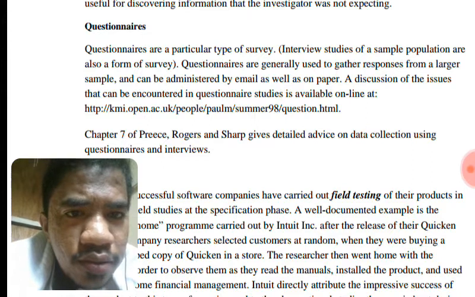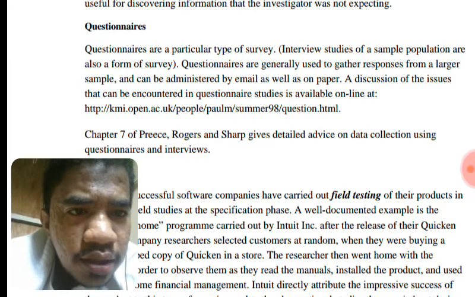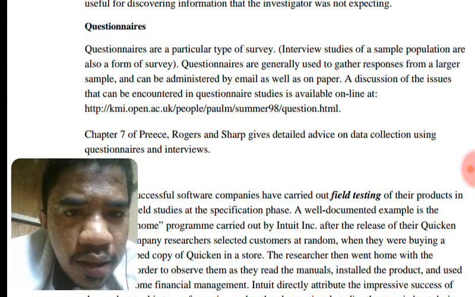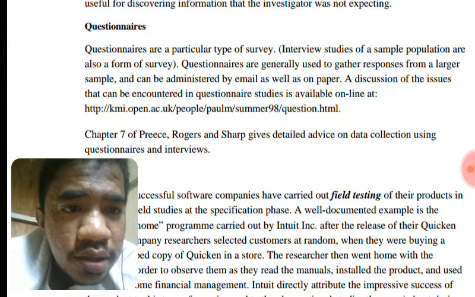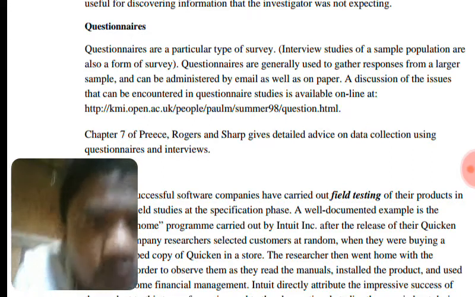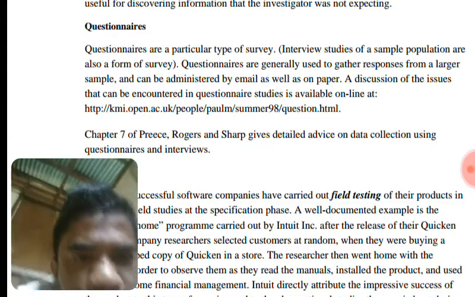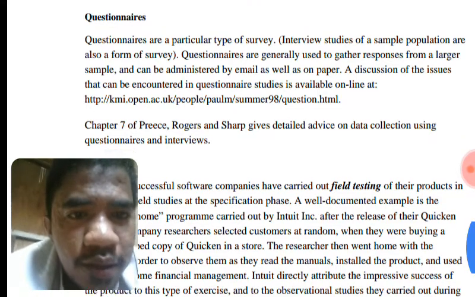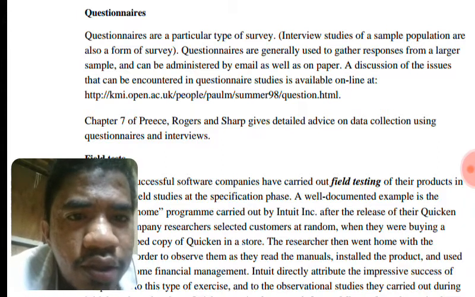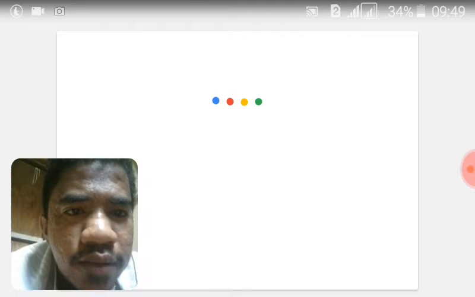Discussion of the issues that can be encountered in questionnaire studies is available online at the address on screen. Chapter 7 of Preece, Rogers and Sharp gives advice on data collection using questionnaires and interviews.